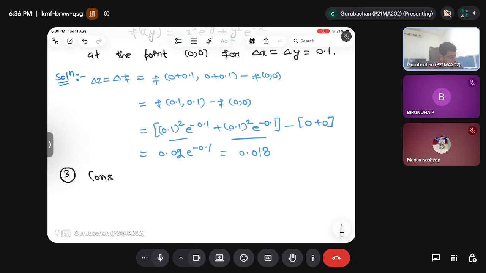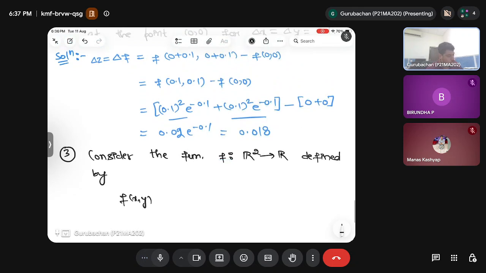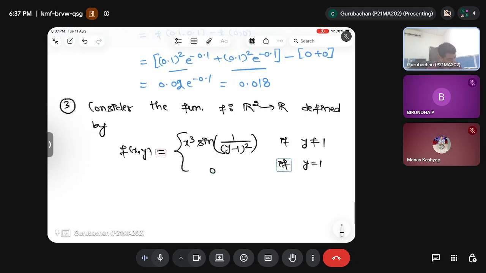For this, consider the function f from R square to R defined by f(x, y) equal to x cube sine of 1 by (y minus 1) whole square if y is not equal to 1, and 0 if y equals 1. So this is your given f(x, y).